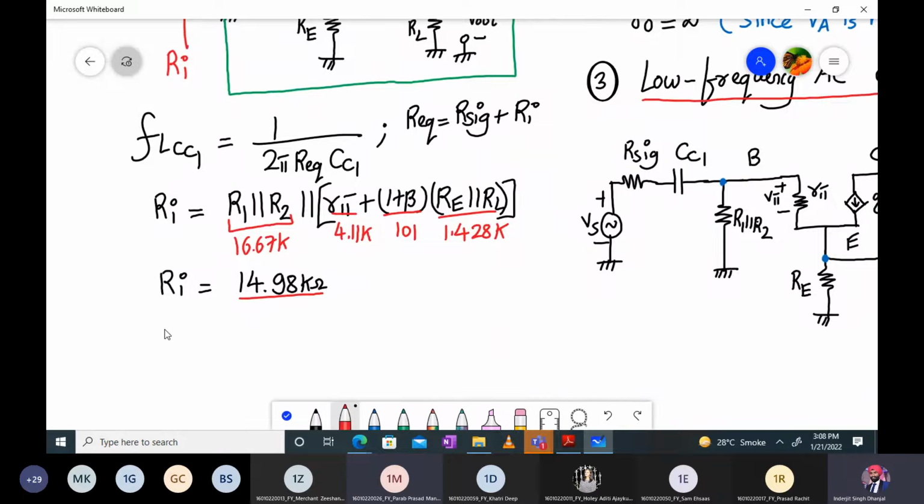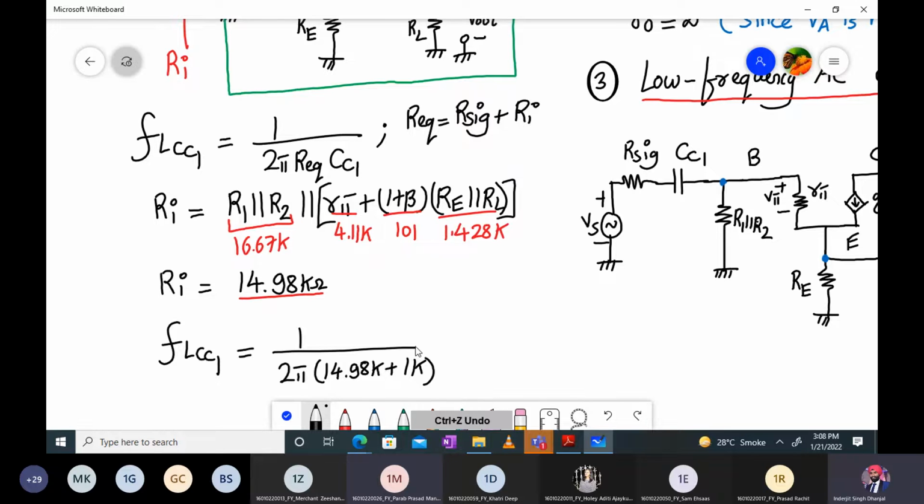And finally, if you substitute these answers over here, FL of CC1 will be equal to 1 upon 2 pi into 14.98K plus R sig. R sig value is 1K, into CC1. CC1 value is how much? 0.3 microfarad.